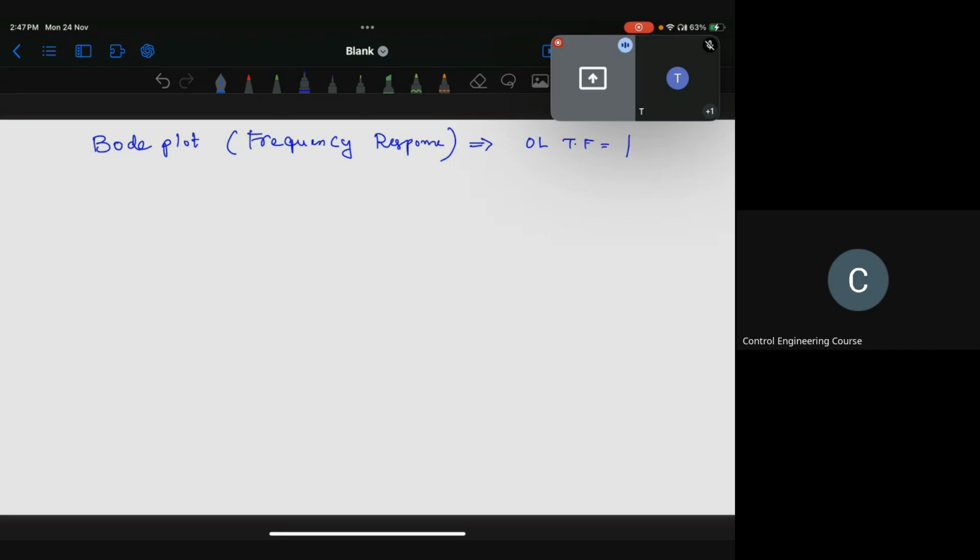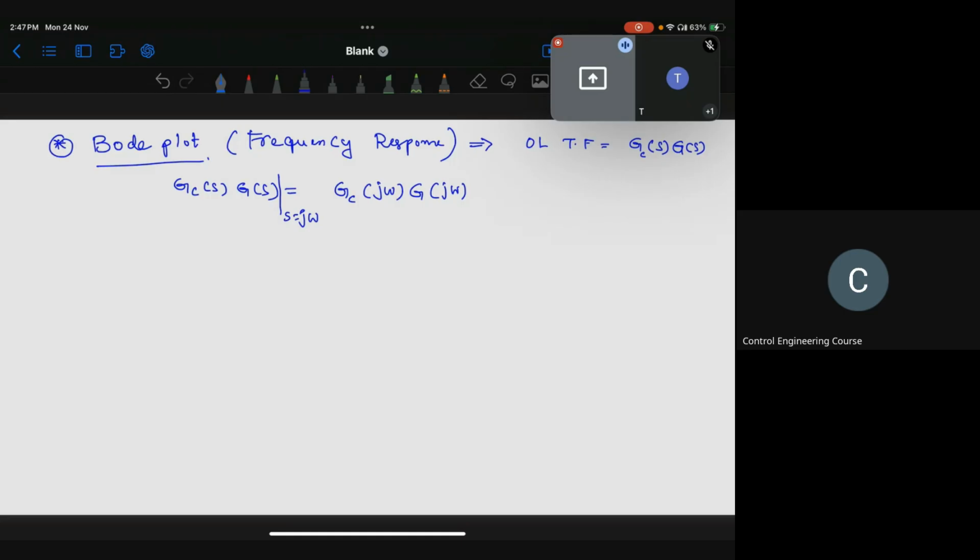That is nothing but, let's say, Gc(s), which is the controller transfer function, and the plant transfer function is G(s). So we will find the open loop transfer function in the Bode plot, and find its value along the j omega axis. Then it would become Gc(j omega) G(j omega).